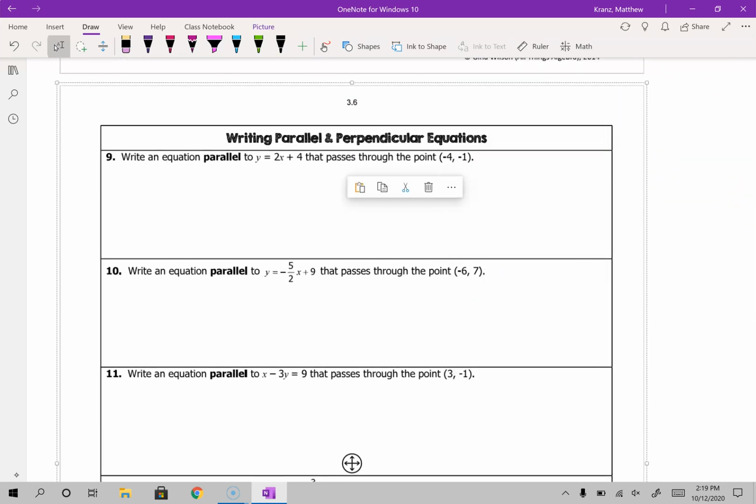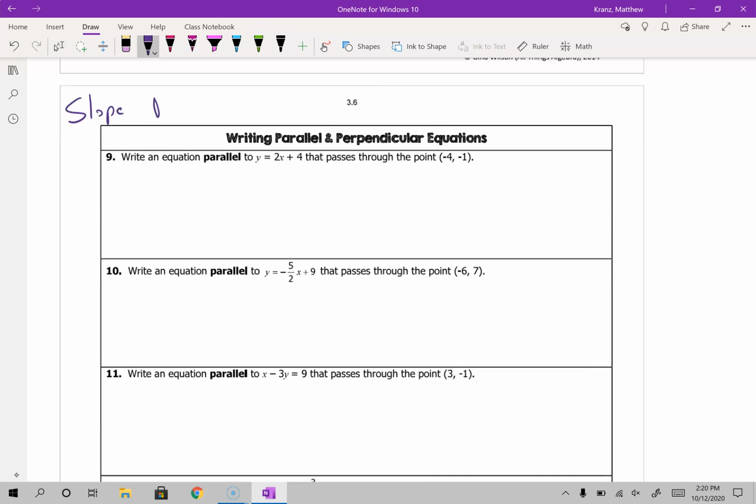So now, writing parallel and perpendicular equations. Remember, it all has to do with the slope. When it's parallel, slope is the same.